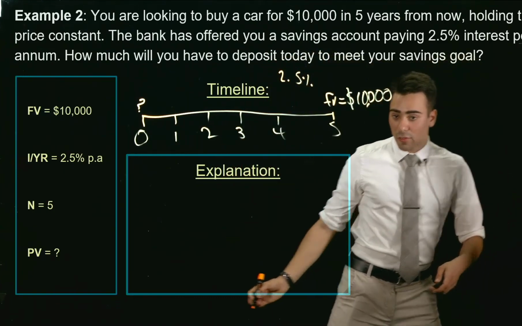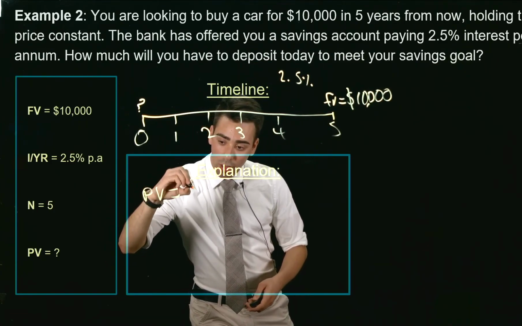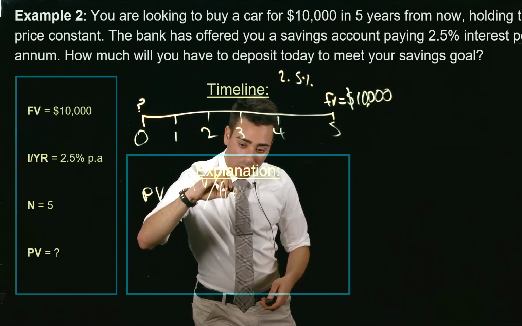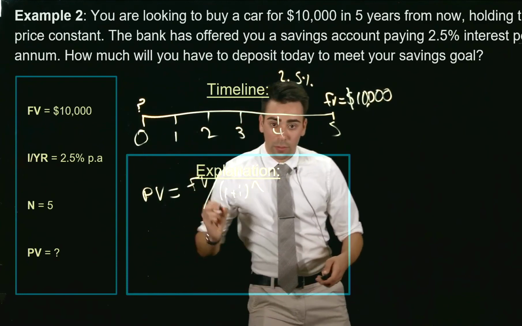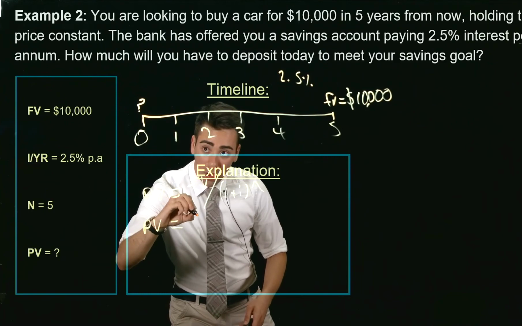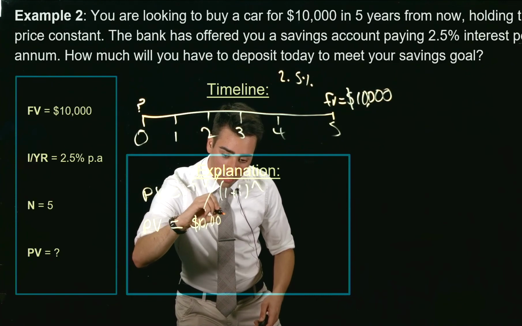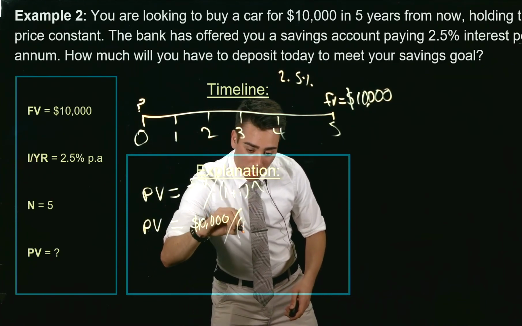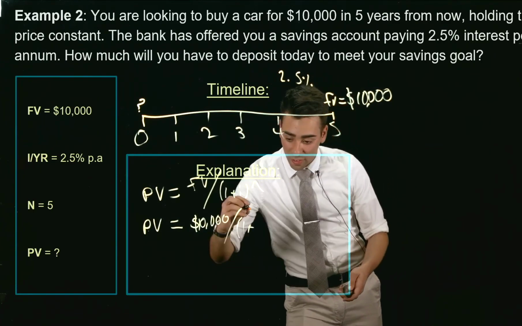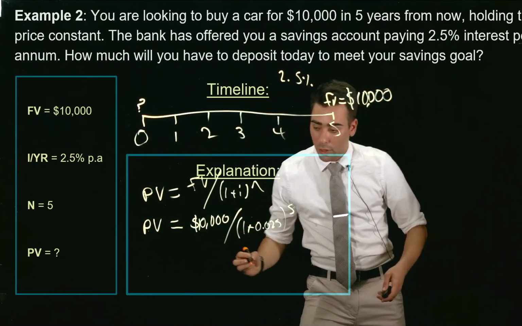So let's write out our formula again. PV equals FV divided by (1 plus I) to the power of N. Substituting the values in, we have 10,000 over 1 plus 0.025, and remember we express our percentage as a decimal again, to the power of 5.